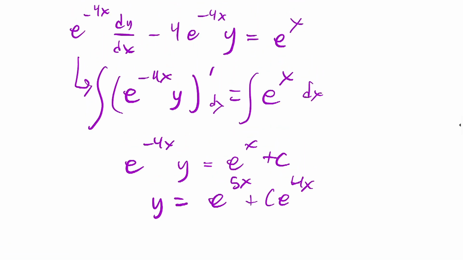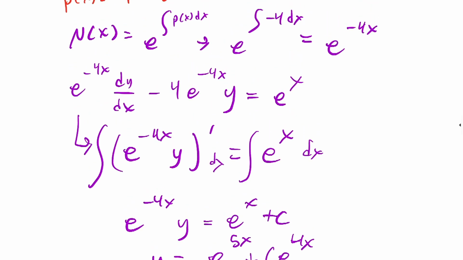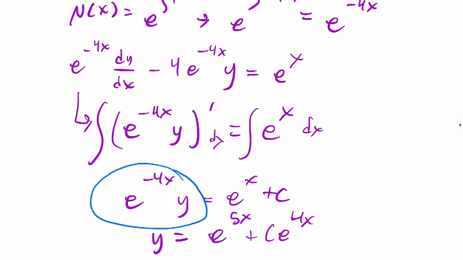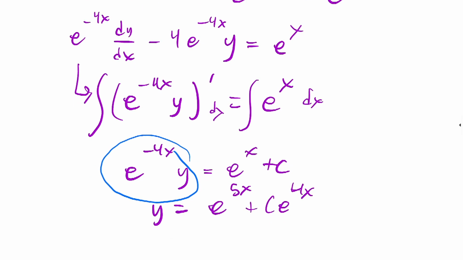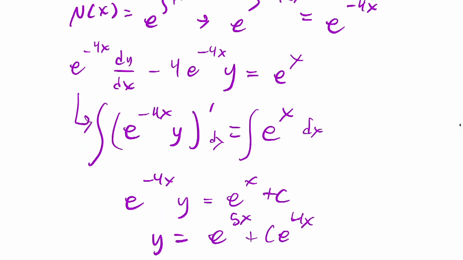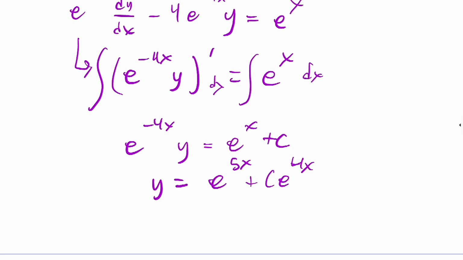Now, can we make this a little bit faster? Yes, we can. Notice that if you think about it, the resulting left-hand integral, after you find mu of x and you integrate both sides, mu of x times y is always going to be equal to the integral of q of x times mu of x.